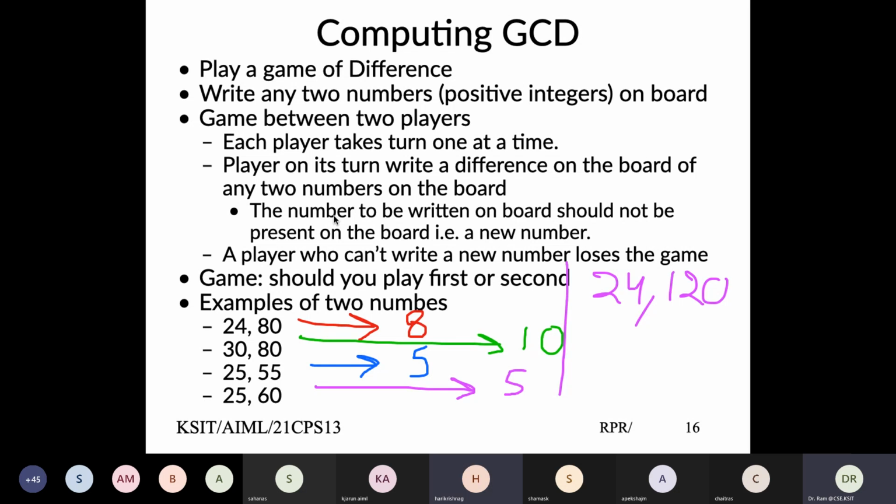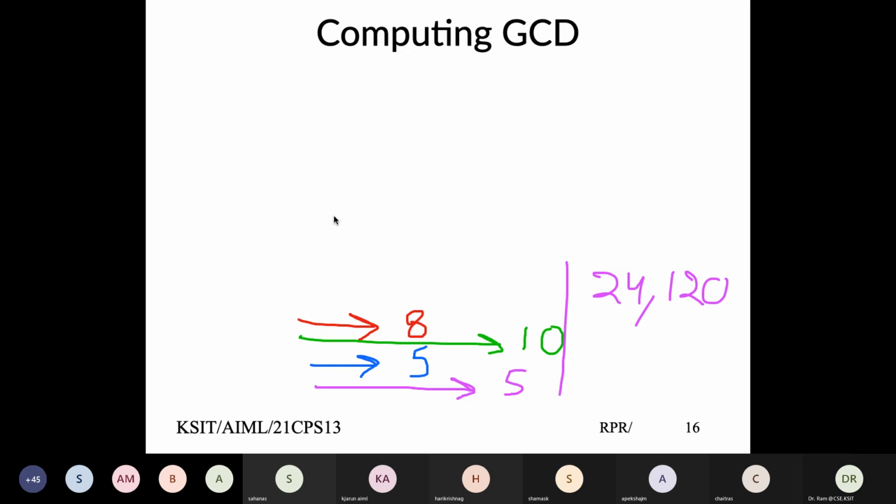Why don't you play the game for 2 minutes and work it out yourself and tell me what the number would be? Or let's play the game again, okay?